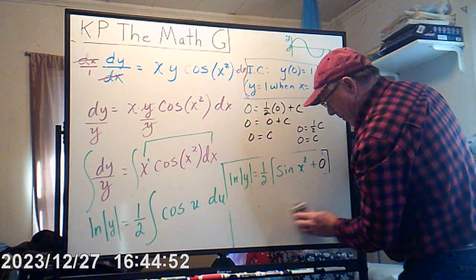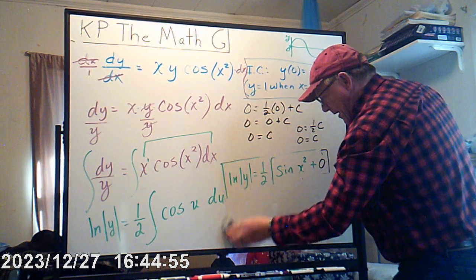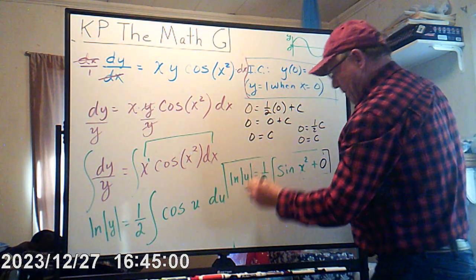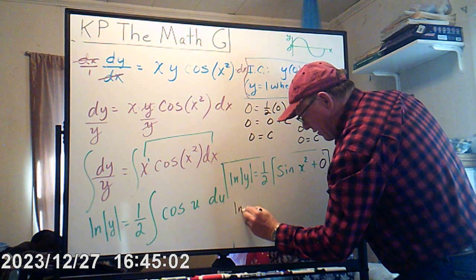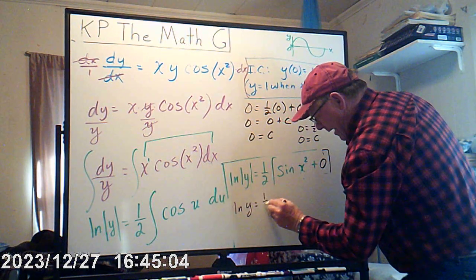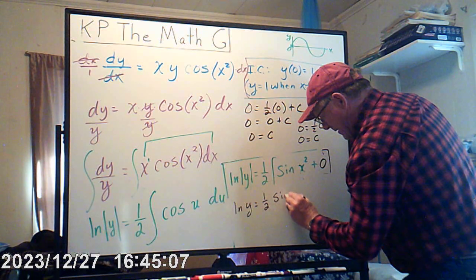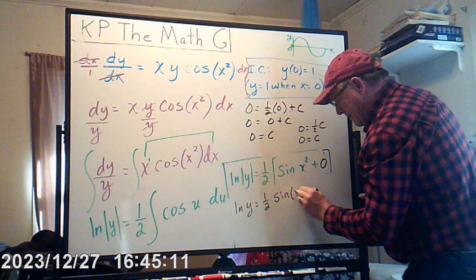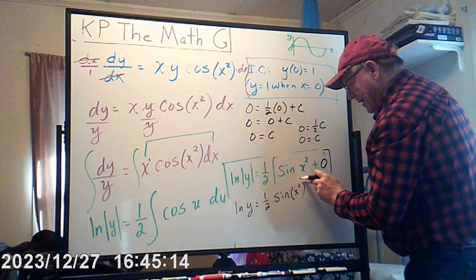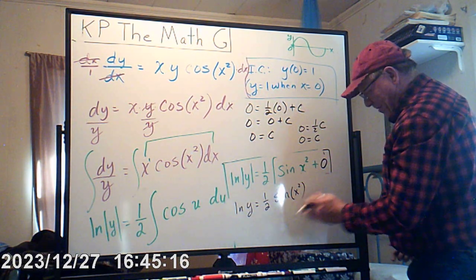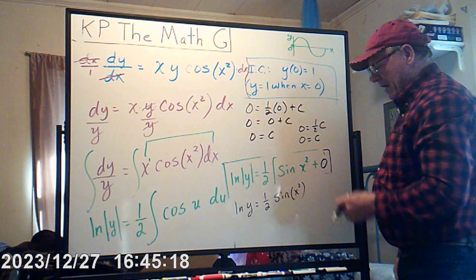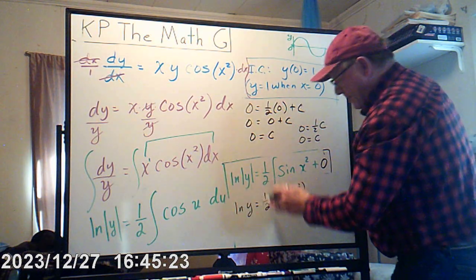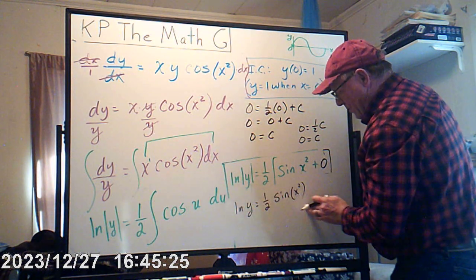So really what we have here is ln y, which y is positive, so we don't need the absolute value bars, is equal to 1/2 sine x, well, let's put it in parentheses, x squared, plus 0, and we don't need that anymore. If we wanted to, I could make this over 2 right here.